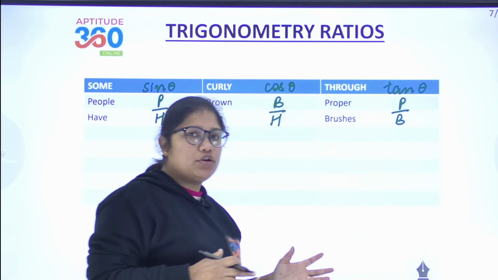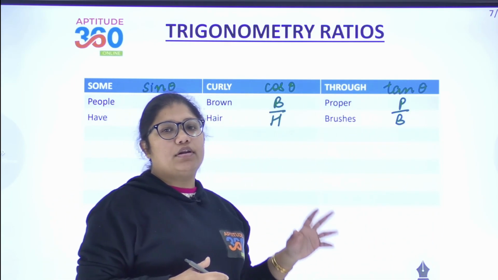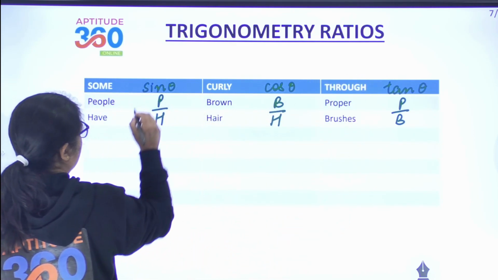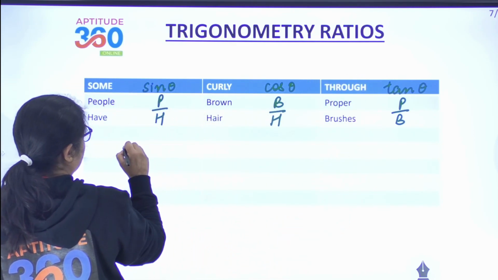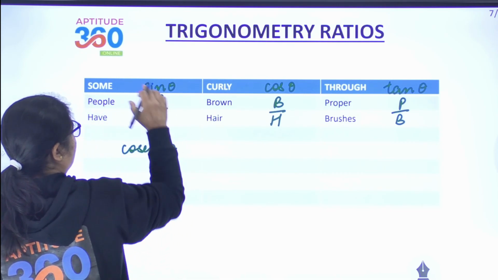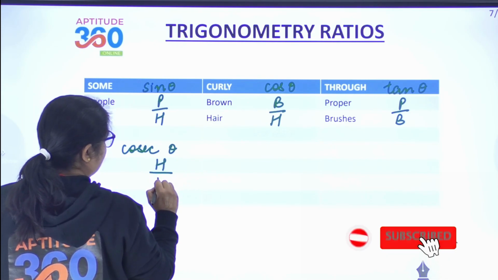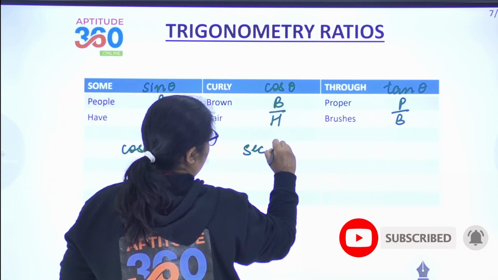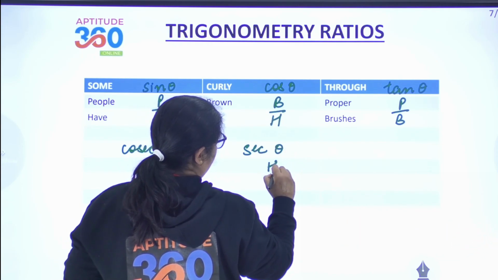In this, what you need to remember is the reciprocal relationships of these 3 ratios. For example, I need to remember the reciprocal of sine is cosec theta. When I know that, I can reciprocate the ratio also. Then cos theta, reciprocal is sec theta, h upon b.